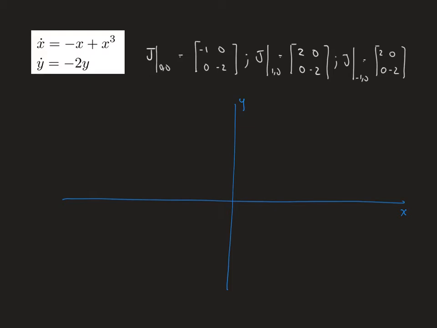We know they are at the origin 0, 0, the other one is 1, 0, and the other one is minus 1, 0, like this. Now we have to find, for each Jacobian, the eigenvalues and the eigenvectors.